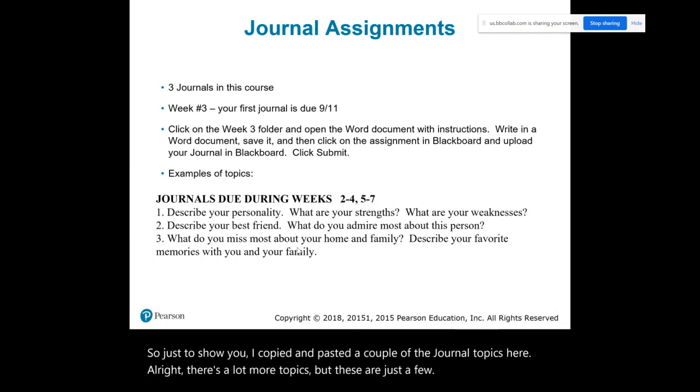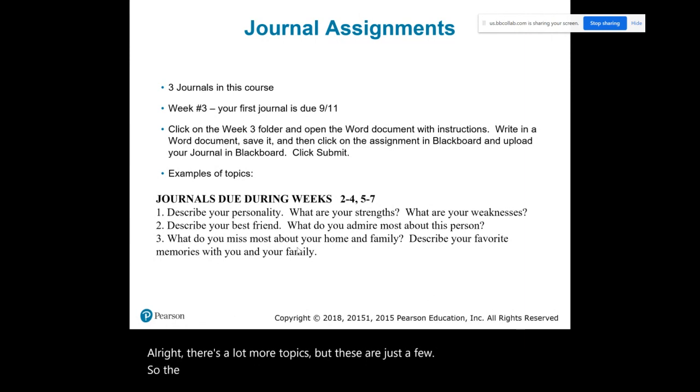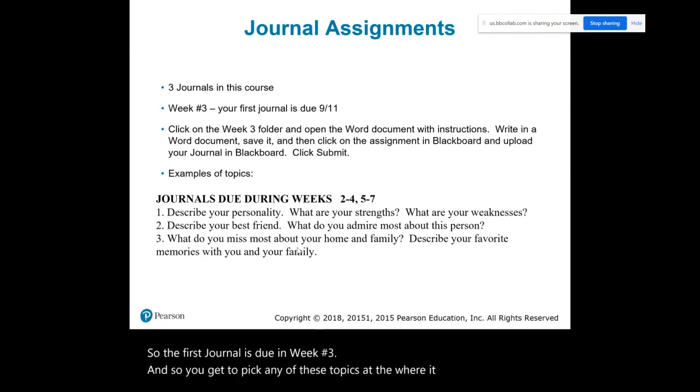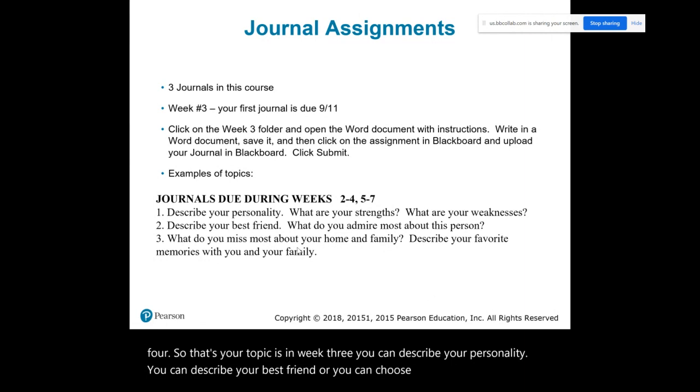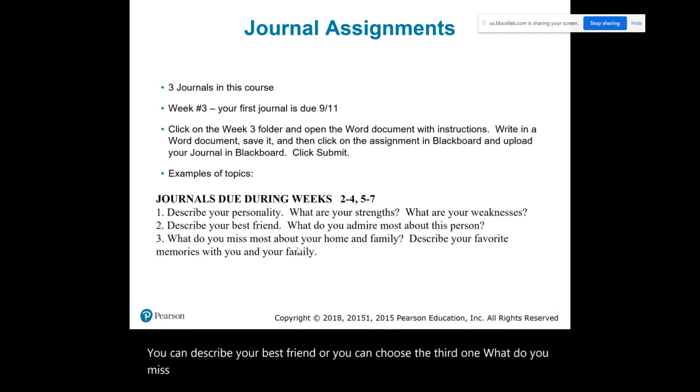So the first journal is due in week number 3. You get to pick any of these topics where it says weeks 2 to 4. That's your topic in week 3. You can describe your personality, you can describe your best friend, or you can choose the third one: what do you miss most about your home and family?